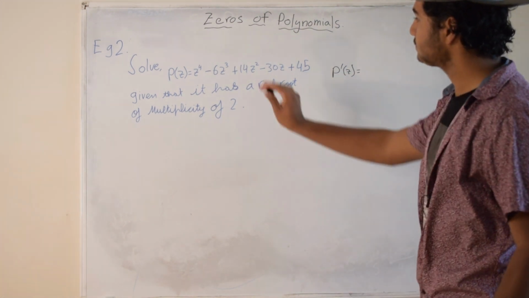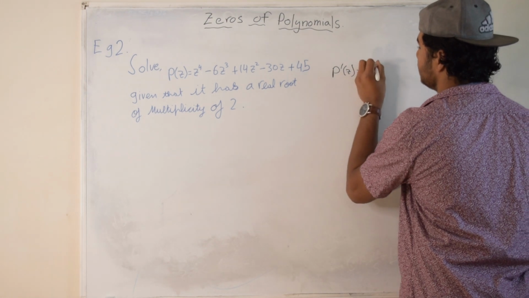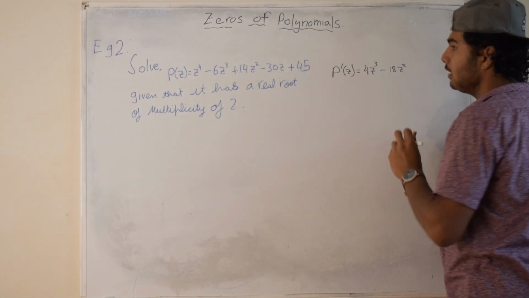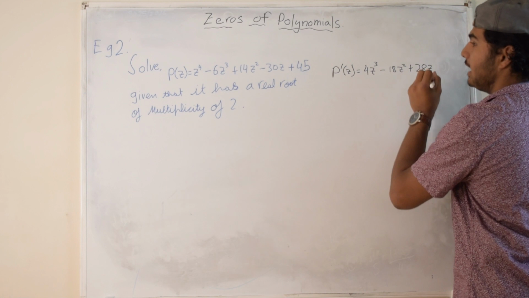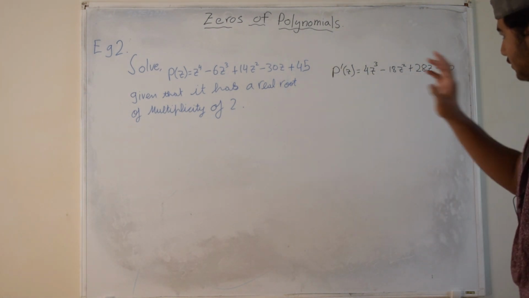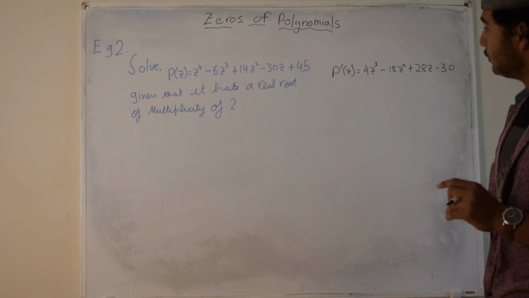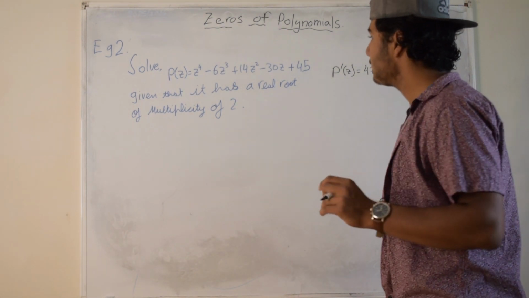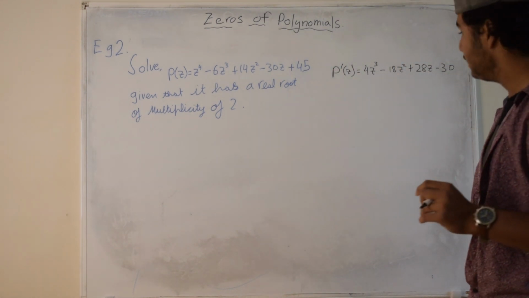would then be, differentiated, 4z cubed minus 18z squared plus 28z minus 30. So we've got p of z and we've got p dash of z. Looking at this, the real root that we're here to find is going to be a factor of both 45 and 30.